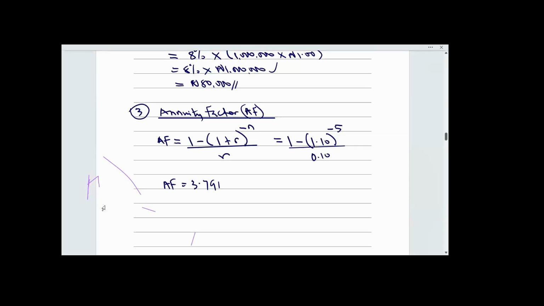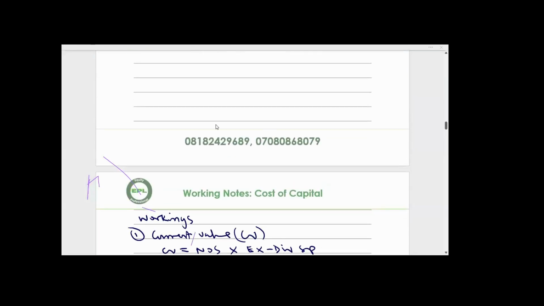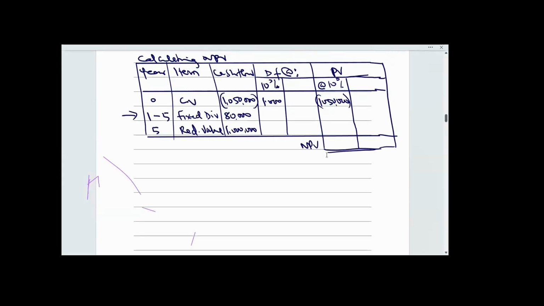That's the answer. So the annuity factor from year 1 to 5 at 10% is 3.791, and I will put it here. The discount factor for year 5 at 10% will give us 0.621. So let's multiply to get the present value.